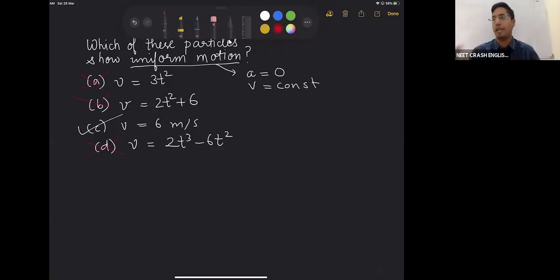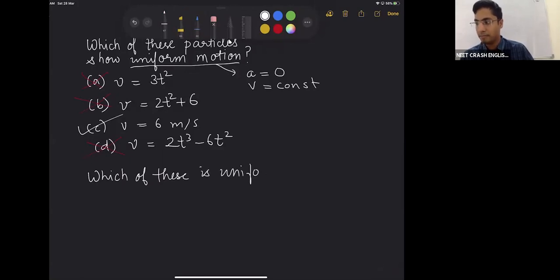Let me now change the question for you. The question is the same. Which of these is uniform motion?